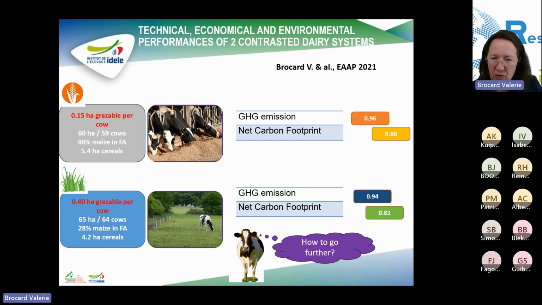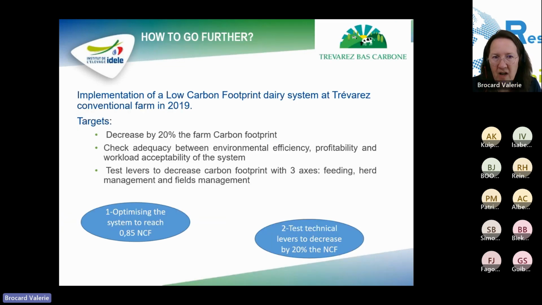After this experiment, we wanted to go further. We knew how to produce milk with an average net carbon footprint between 0.8 and 0.85. And then the question was, how can we go on decreasing the carbon footprint with this starting point?